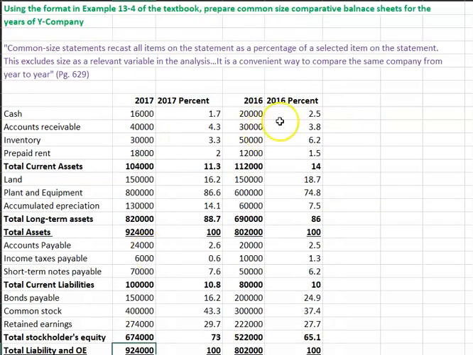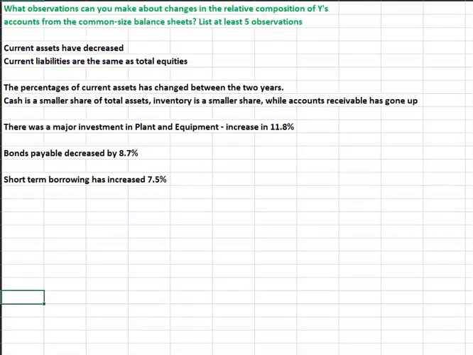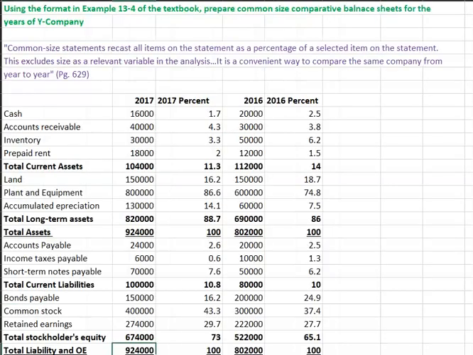So right there, cash from 2.5% in 2016 down to 1.7% in 2017. Accounts receivable is 3.8%. Now it's 4.3%. And inventory, 6.2% in 2016 to 3.3% in 2017.